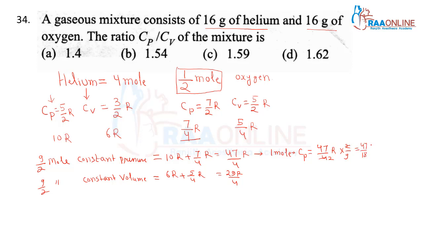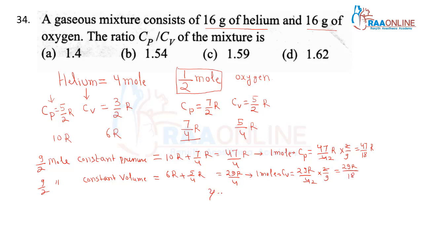47/18 R. For this, for 1 mole, Cv, again we have to divide by 9/2, that is, multiply by 2/9. So we are getting 29R/18.